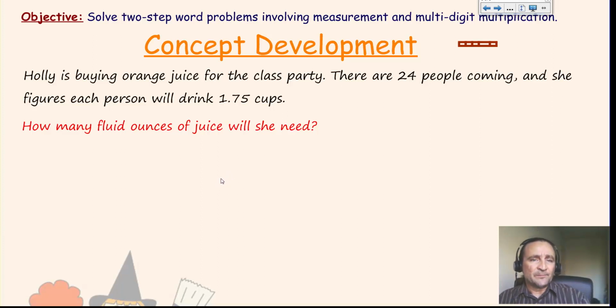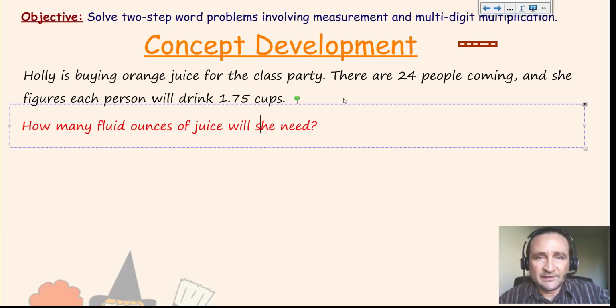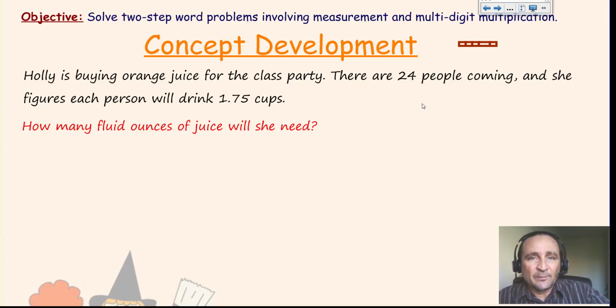If you remember, fluid ounces refer to liquid volume. So anything in liquid form would be fluid ounces, as opposed to regular ounces, which are based on weight. Let's take a look at this. When I'm thinking about a problem, it's important that I reread it again and again if I don't quite understand it.